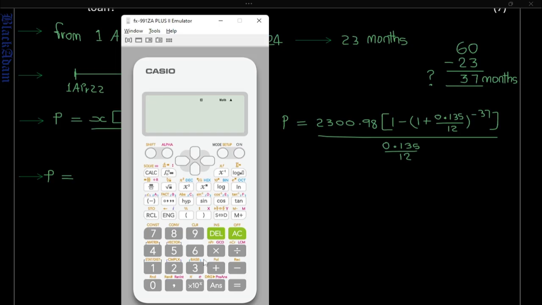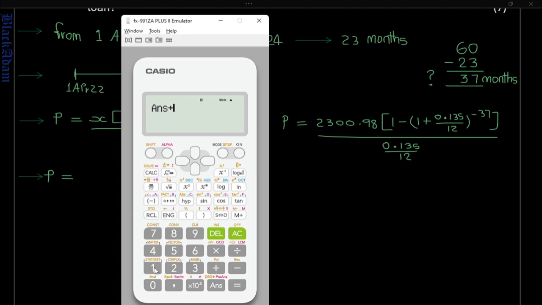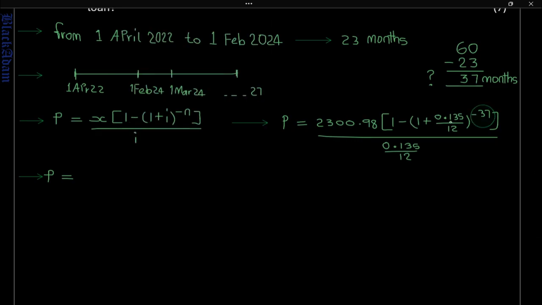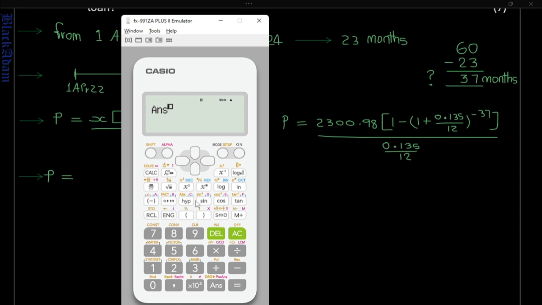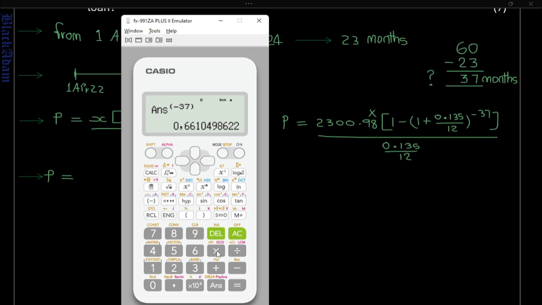So that's 0.135 divided by 12. That's our part there. Then we add 1, to the power negative 37, gives us that amount, and then multiply by that. I think there's an error.